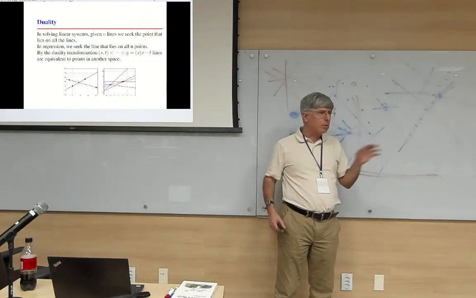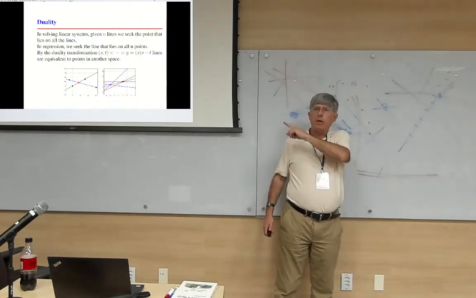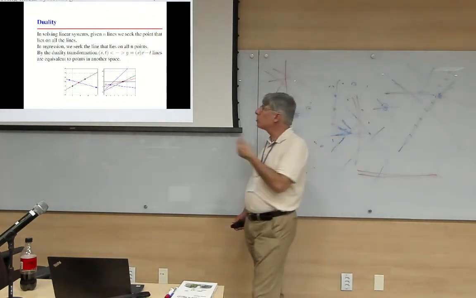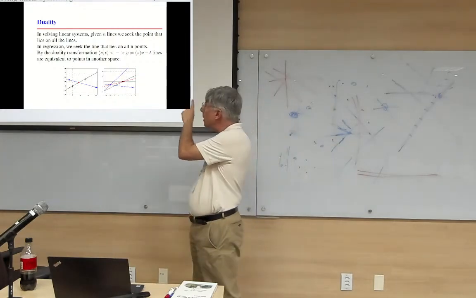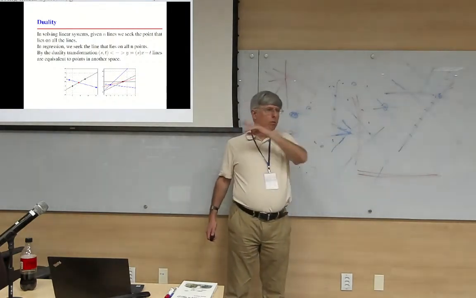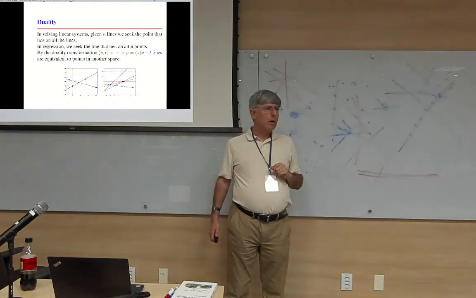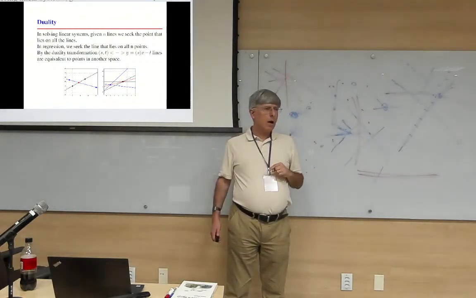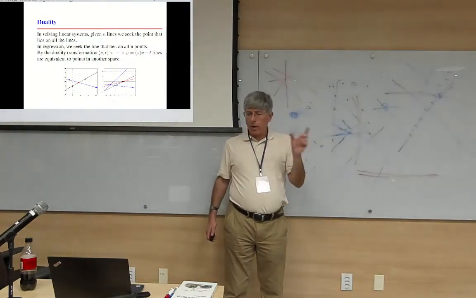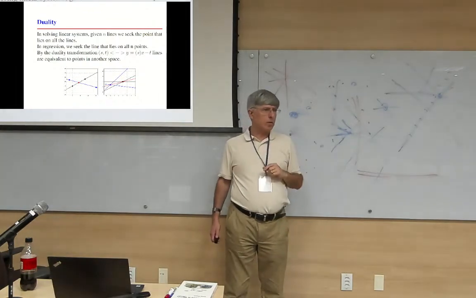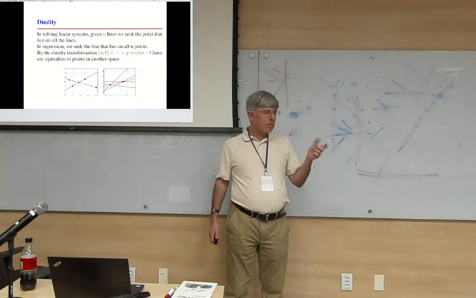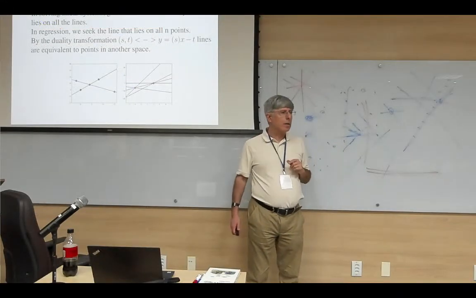That's not a good thing to do. This transformation happens to have the magic property that it preserves this incidence relation. There may be other transformations that do, but this one does. Not all transformations will preserve incidences. This one does, and that is the clever thing about this duality transformation.